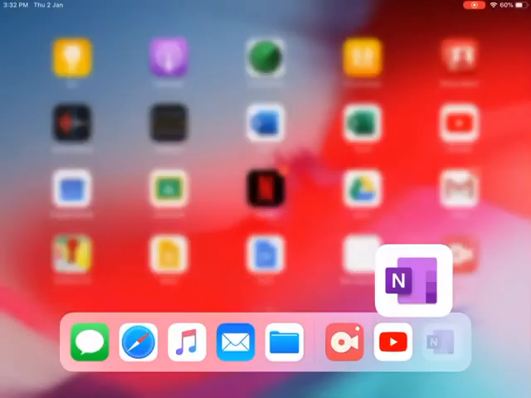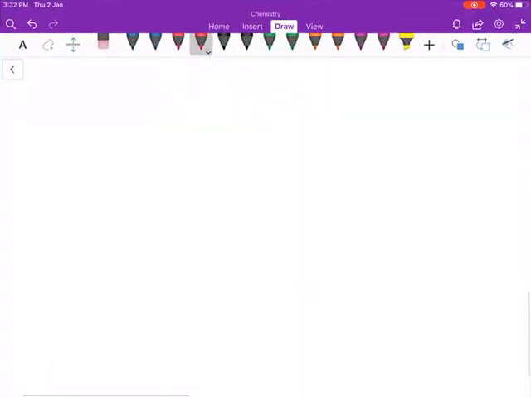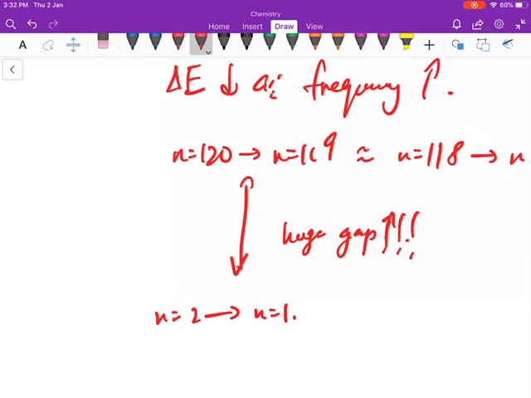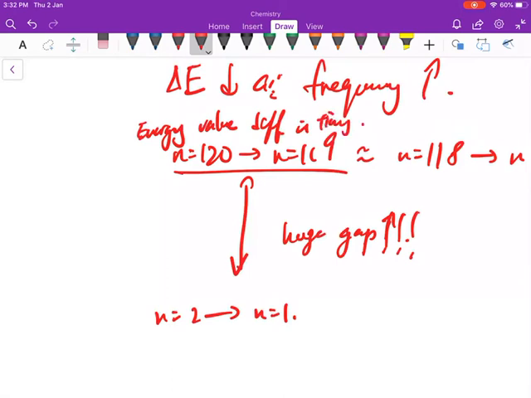So yet again, let's say that you are in n equals 120 down to n equals 119. This energy difference is tiny compared to this, which is huge.